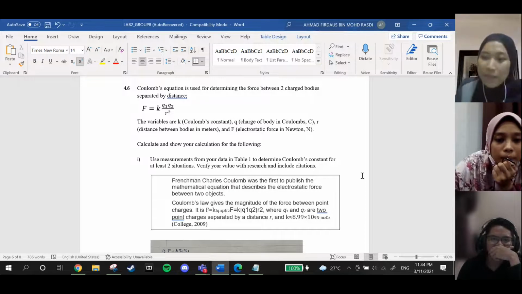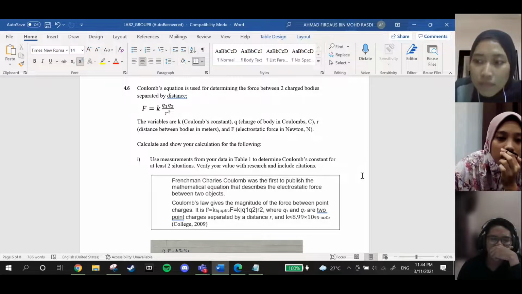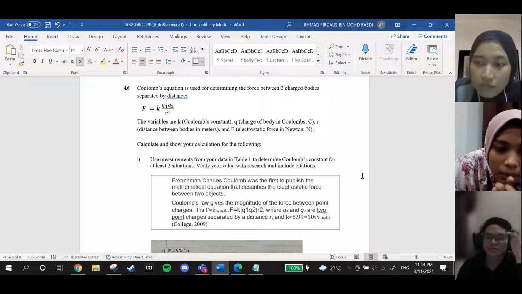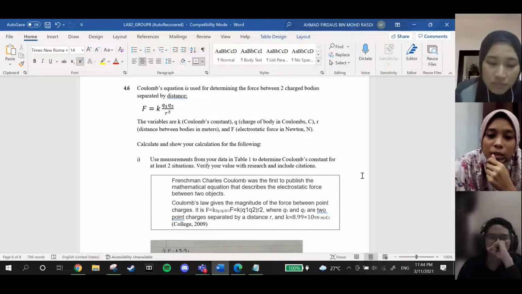Okay. For 4.6, the question asks us to use measurements from data in Table 1 and determine Coulomb's constant for at least two situations. So I pick two situations.